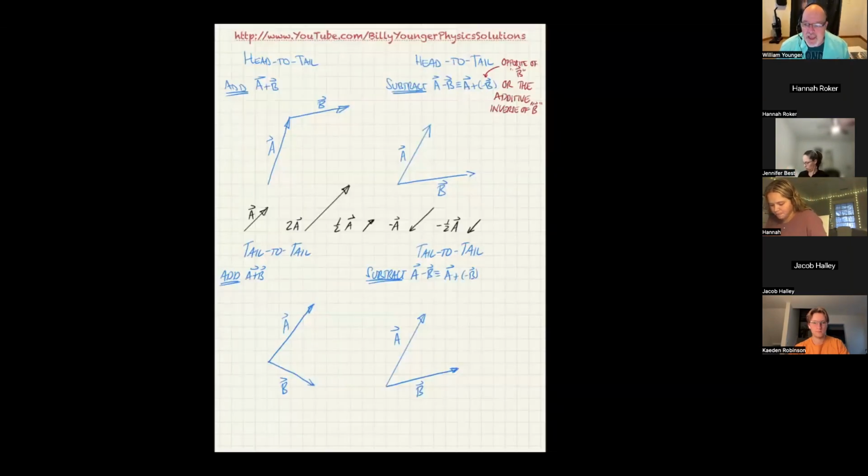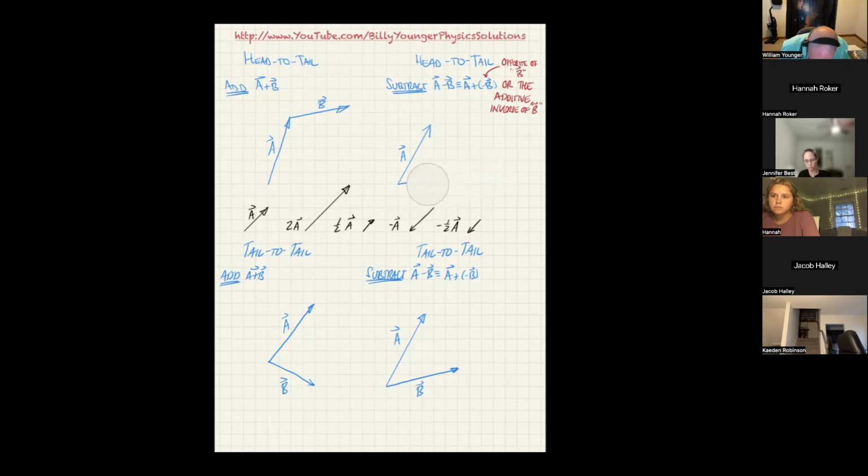So we basically had two things that I had helped you guys figure out. There's two typical positions in which you draw vectors. You can draw the vectors head to tail as they're shown in the top left and the top right, or you can draw them tail to tail, as is done in the bottom left and bottom right.